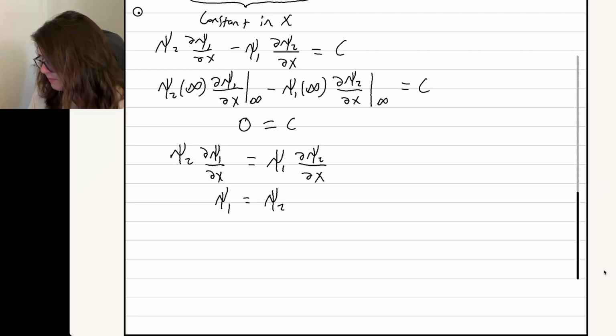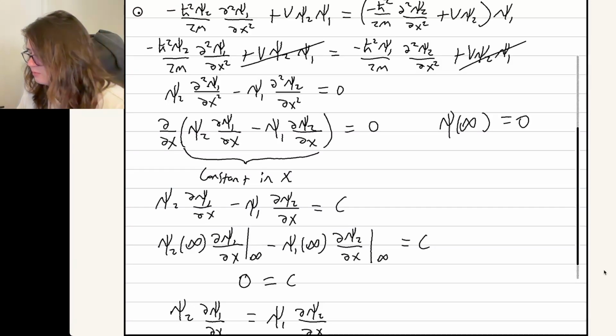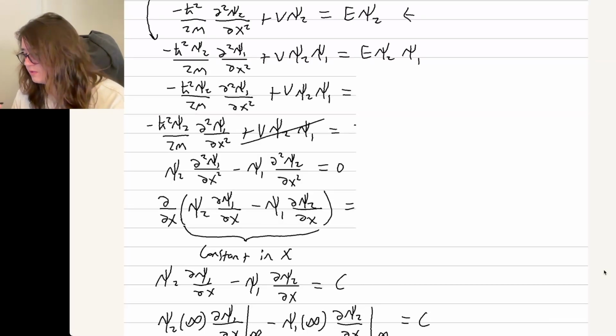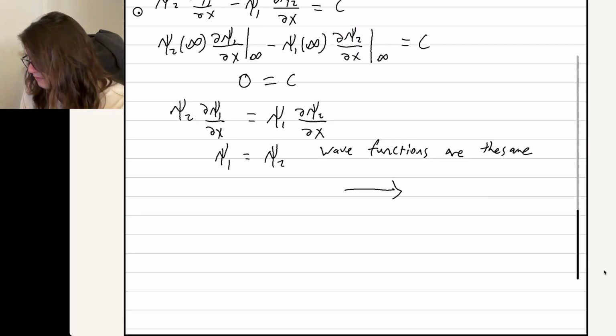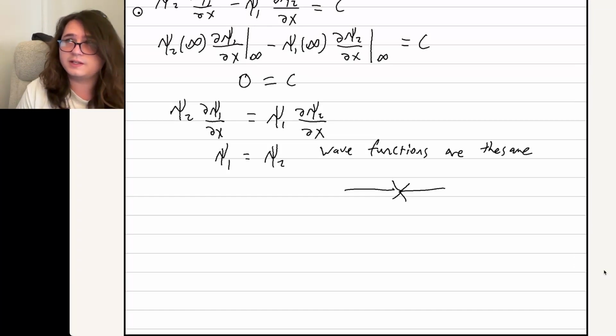Which means the wave functions are the same, but that would contradict our first assumption that psi1 and psi2 were different wave functions with the same energy, E. So we've proven by contradiction that there are no degenerate wave functions in one dimension. All right.